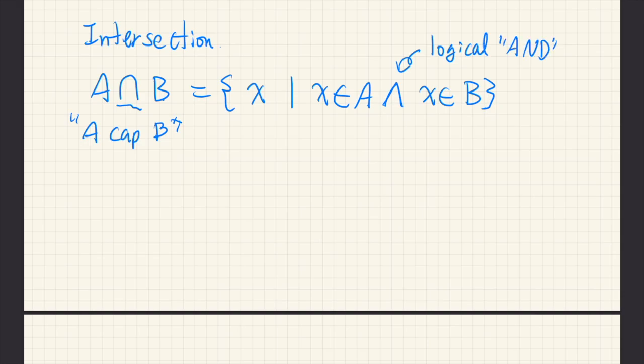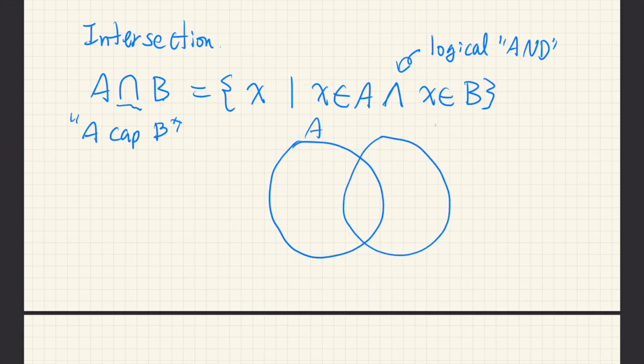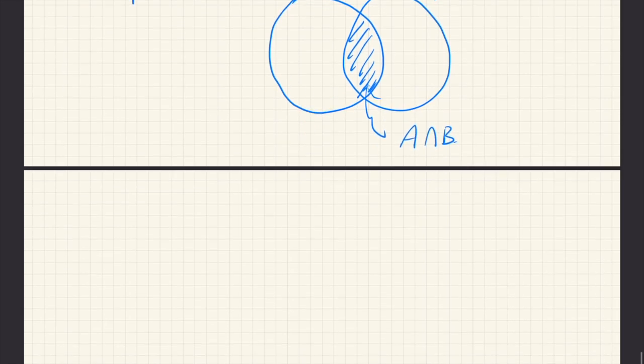Okay, so graphically this means this. Okay, set A, set B. So elements of A cap B belong to both A and B. So that means this region represents the intersection. Okay, again, let's see an example.